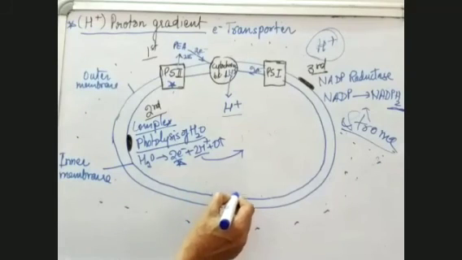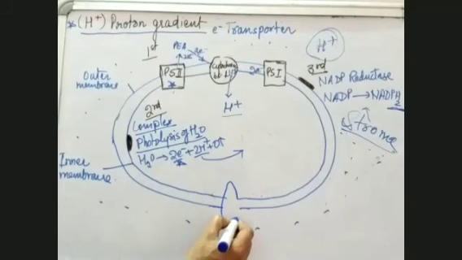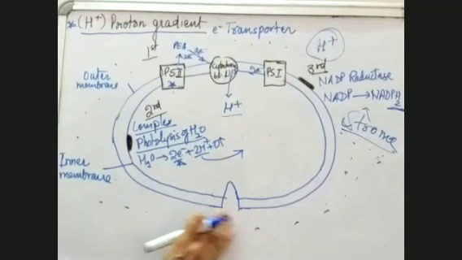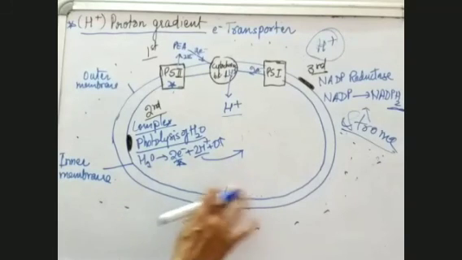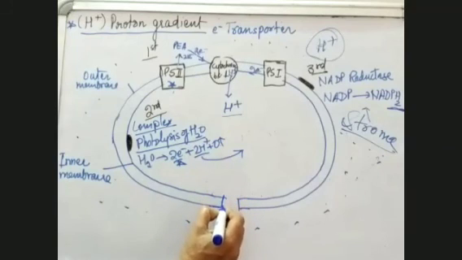F0 is like this. We can draw it a little this way. Yes, this is F0. This is a type of protein. When we did the fluid mosaic model, we did intrinsic protein, extrinsic protein, tunnel protein. This is the same type of protein. So this is F0, which is a type of protein and forms the transmembrane channel.